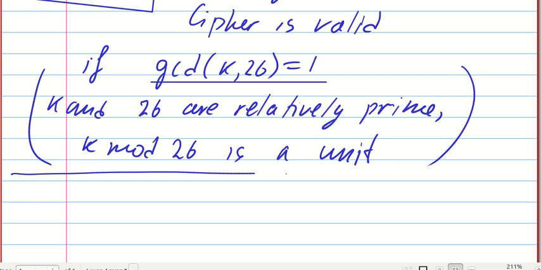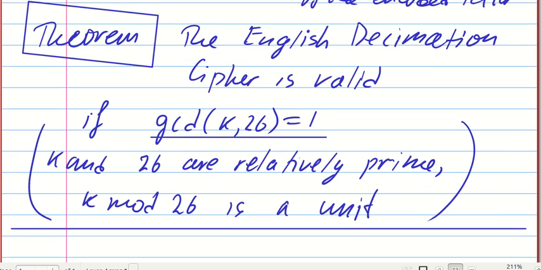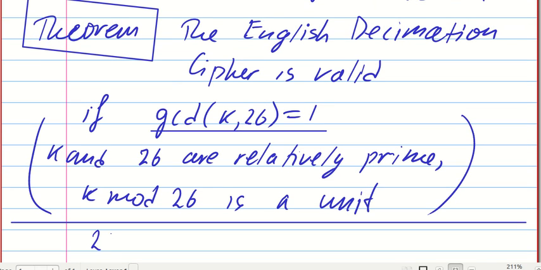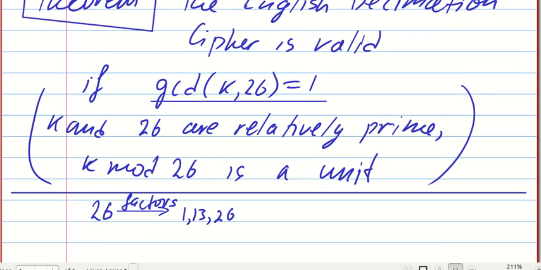If we use this theorem, then take the number 26, how many letters are in the alphabet, and figure out all its factors. They would be 1, 13, and 26.